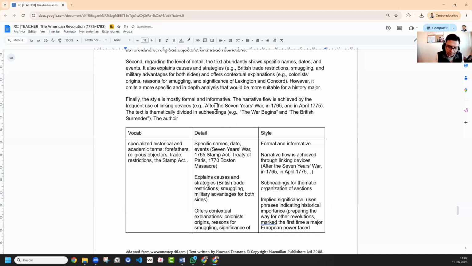The author also uses phrases indicating historical importance.